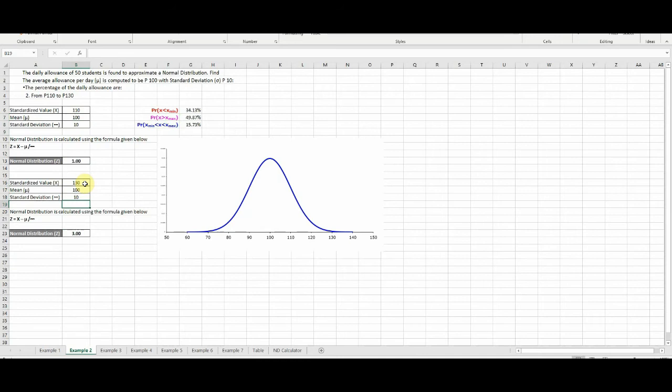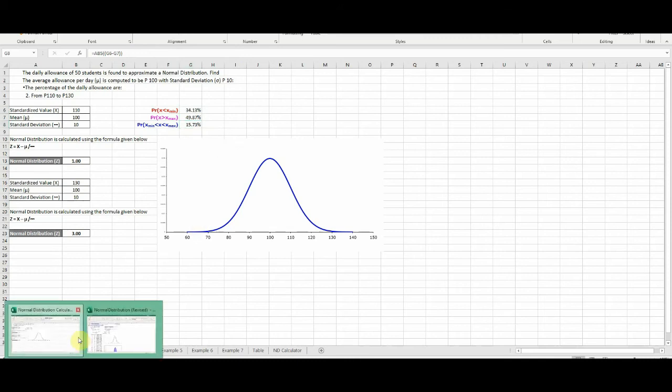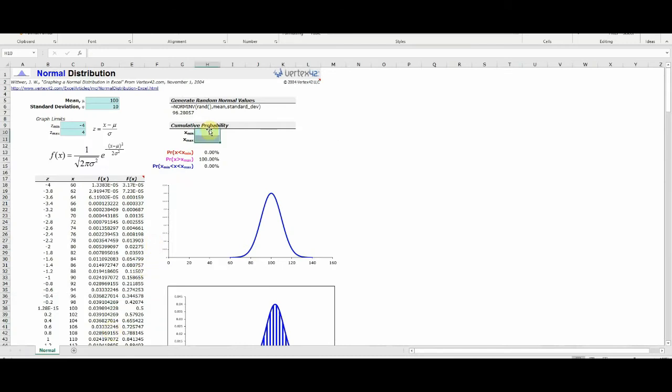So therefore, what are we going to do now if we have now the actual area, which is 34.13%, if it is 1, and the value of the z for 130 is 3, it is 49.87. How come we have here 15.73? To understand this, let's graph. So from 110 to 130.